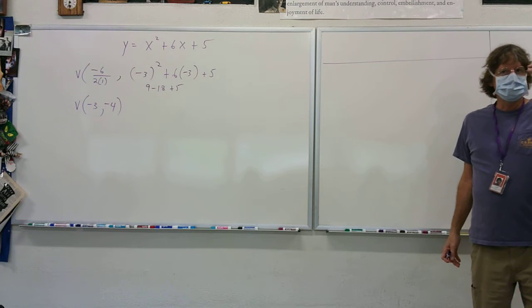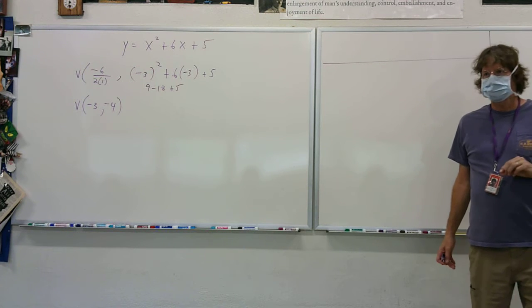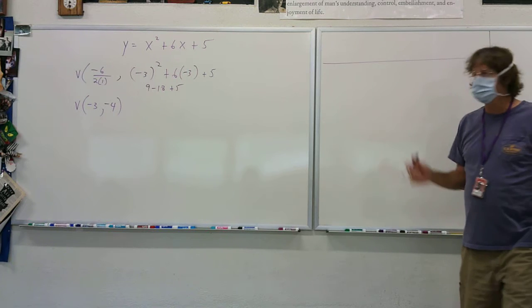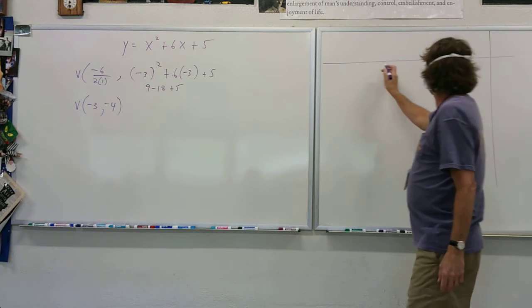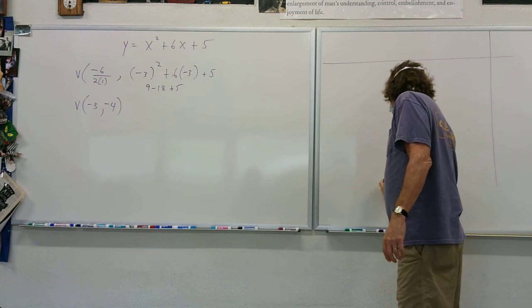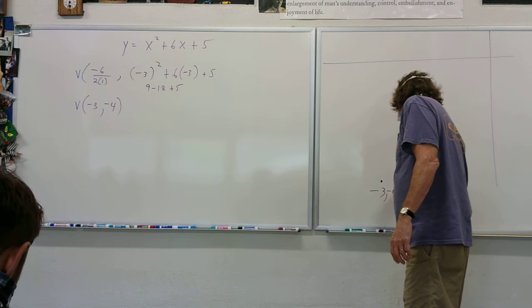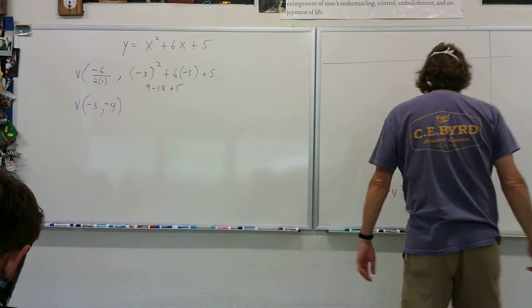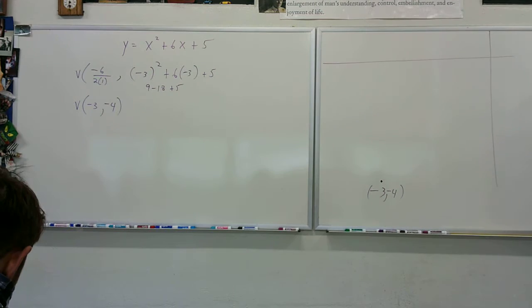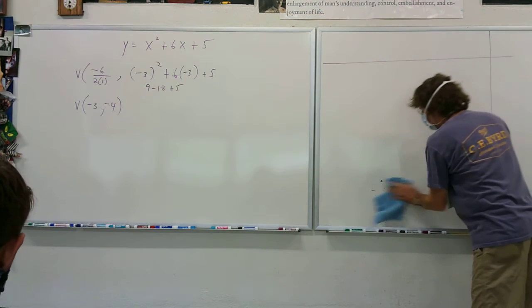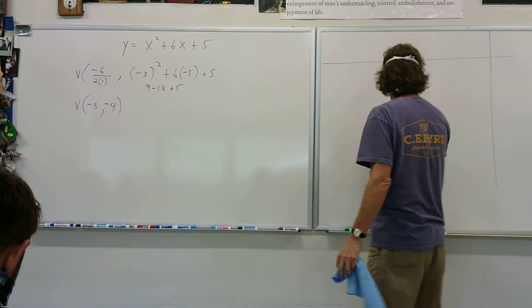Because you're going to get little bitty p-values. So just make your graph big, zoom in. Negative 3, negative 4. Negative 3, comma, negative 4. Can't put it that low on the board. I'm going to raise it up a little bit.